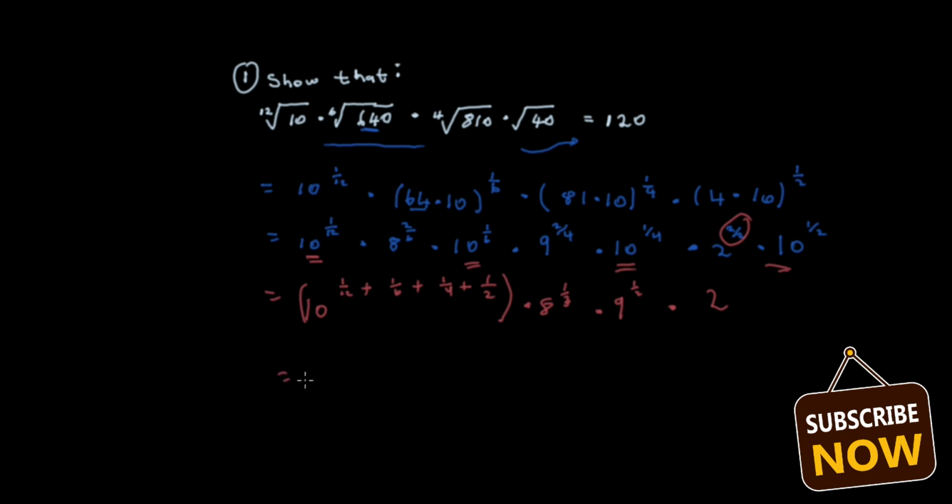Now let's deal with the exponent of 10. The denominator will be 12, because every number can enter inside the 12.